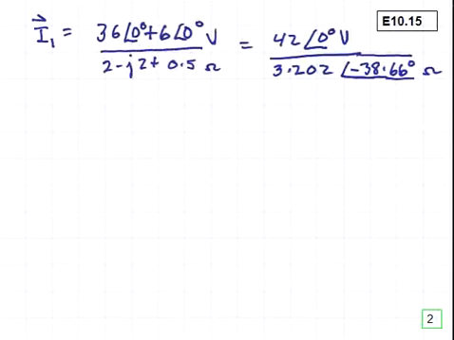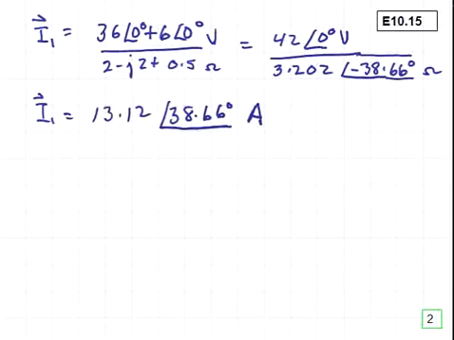Writing the expression for I1, we have 42 at an angle of 0 degrees volts divided by 3.202 at an angle of minus 38.66 degrees ohms, or the current I1 is equal to 13.12 at an angle of 38.66 degrees amperes.